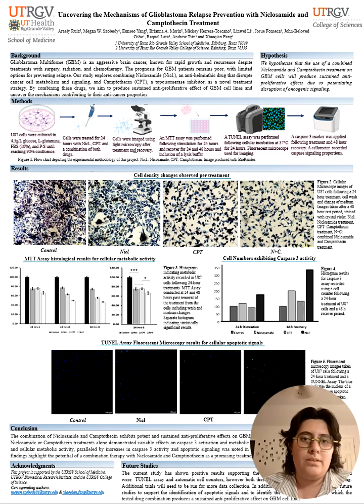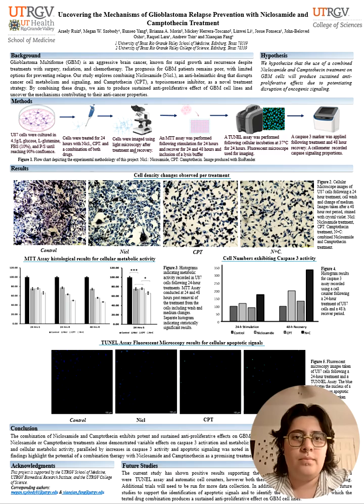A significant decrease in cellular density and cellular metabolic activity, paralleled by increases in caspase-3 activity and apoptotic signaling, was noted in GBM cells given the combined treatment. These findings highlight the potential of a combination therapy with niclosamide and camptothecin as a promising treatment strategy for GBM.